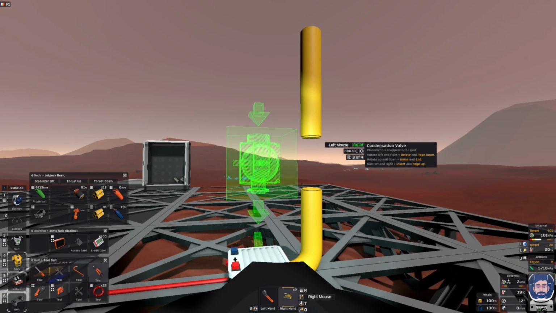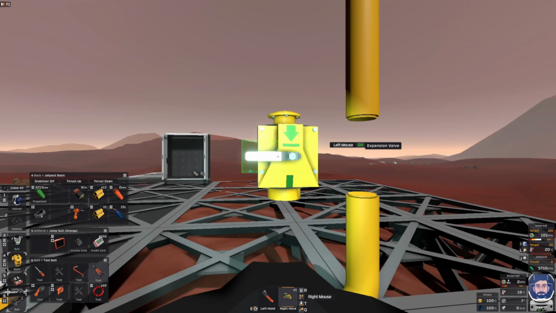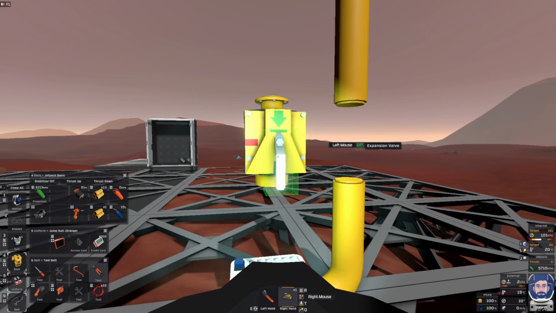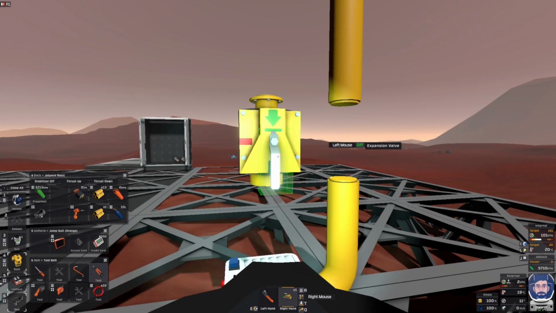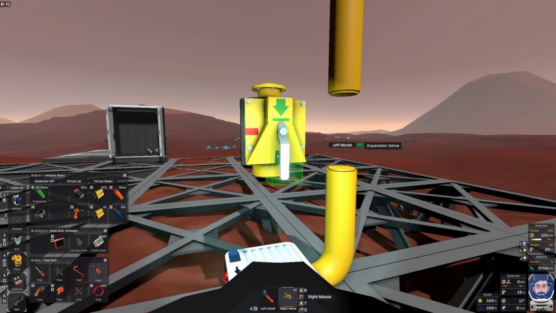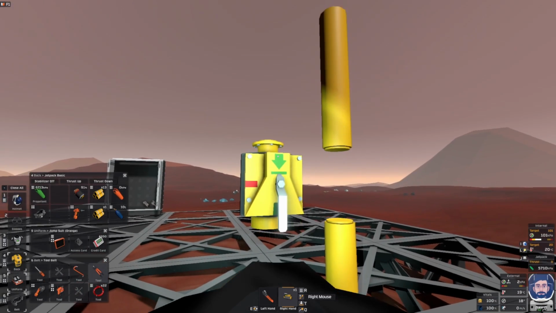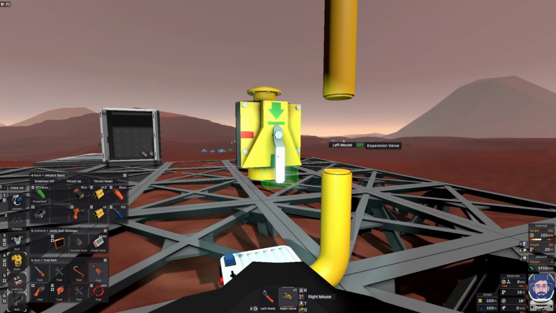The condensation valve allows any liquid from the gas pipe to enter the liquid pipe. Conversely, the expansion valve allows any gas from a liquid pipe to move to the gas network. Both of these have a lever that allow you to open and close them. Obviously, the liquid or gas that they normally allow through will only pass when your lever is set to the on position, marked by the green marker or aligned with the length of pipe.